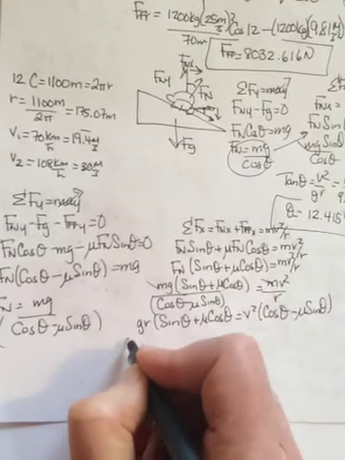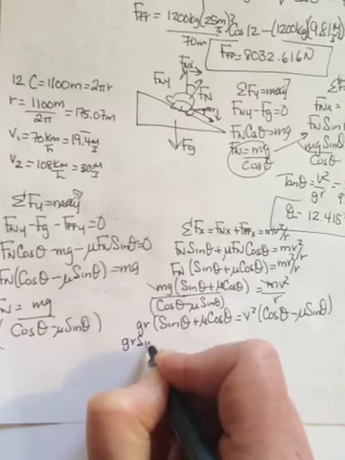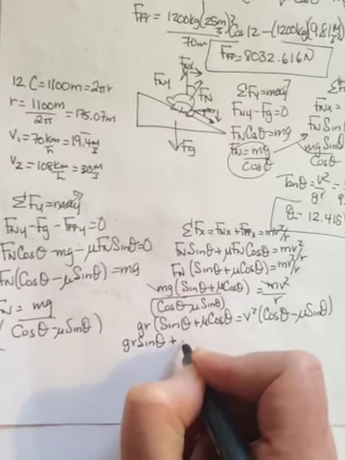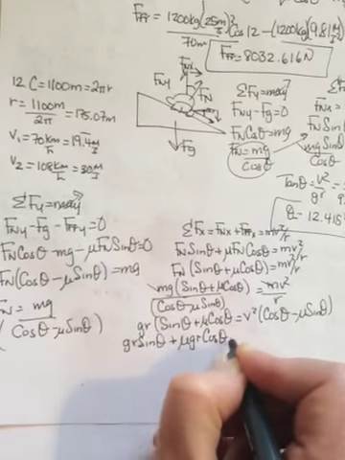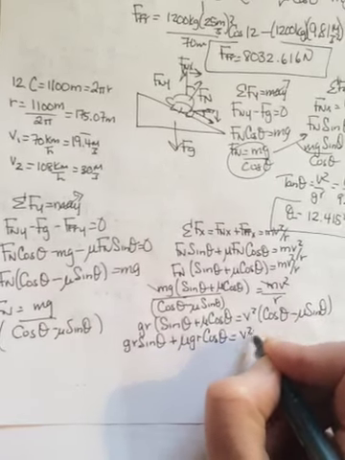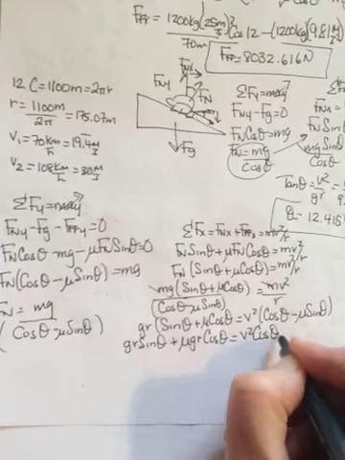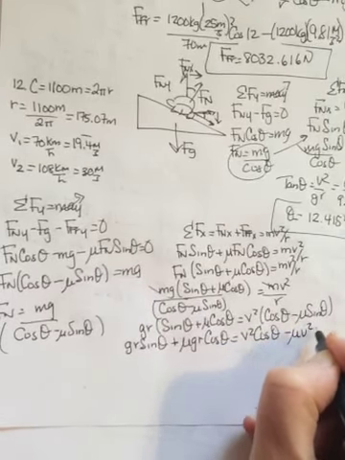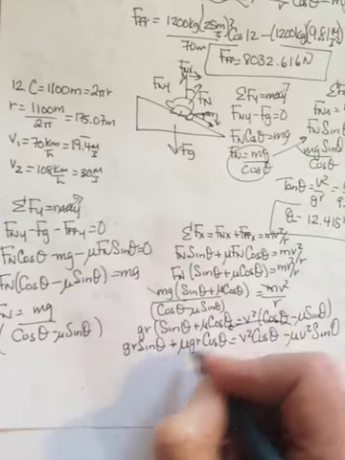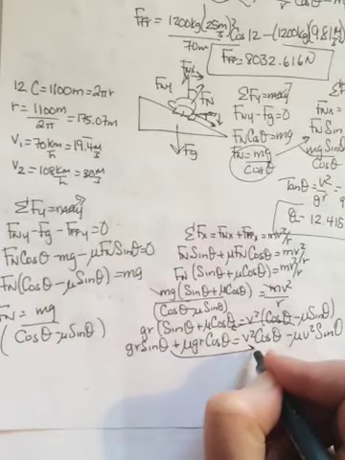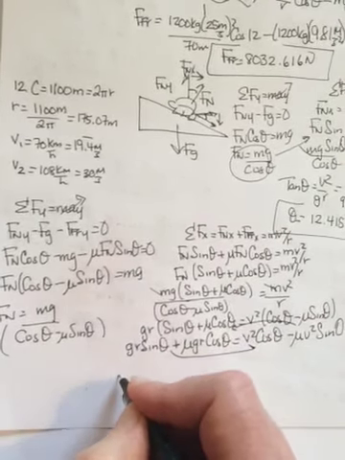Multiply through the brackets, so gr sine theta plus mu gr cos theta is equal to v squared cos theta minus mu v squared sine theta. Bring your mu's to the left-hand side and your non-mu's to the right-hand side.